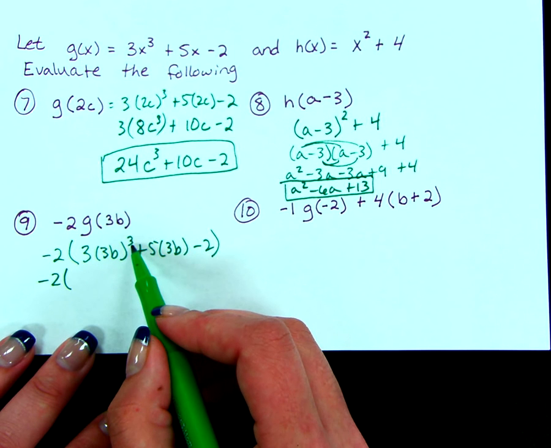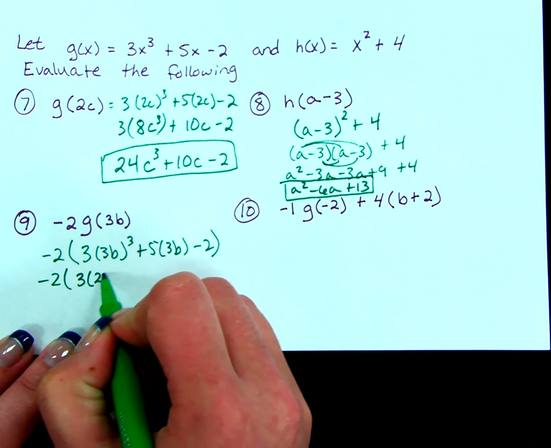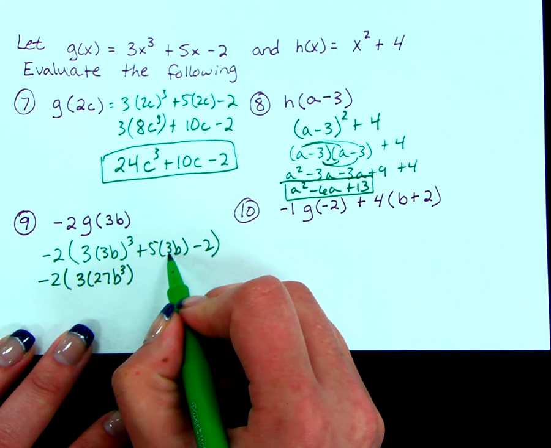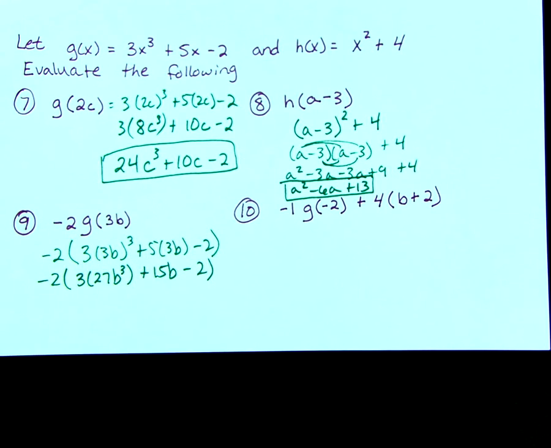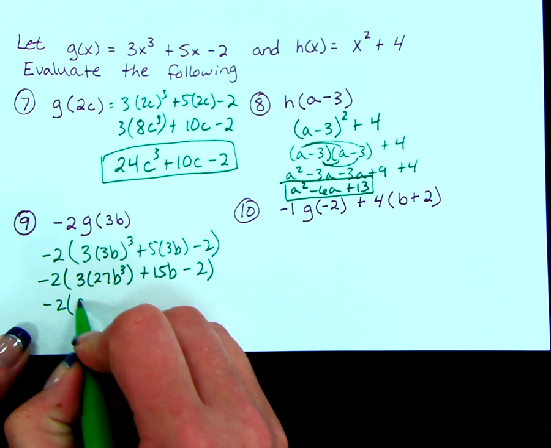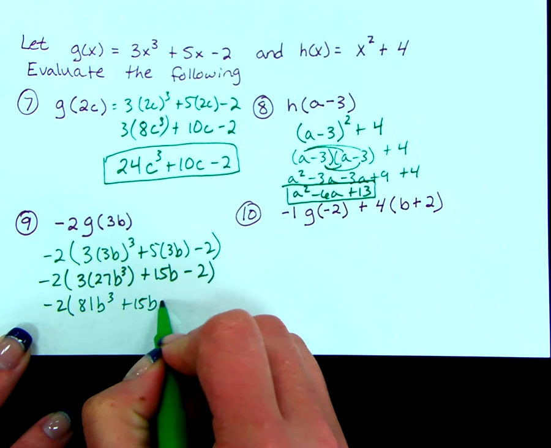So 3 cubed is 27. So we'll have 3 times 27b cubed. 3 times 5 is 15, so plus 15b minus 2 still. So now 3 times 27 is going to be 81b cubed plus 15b minus 2.